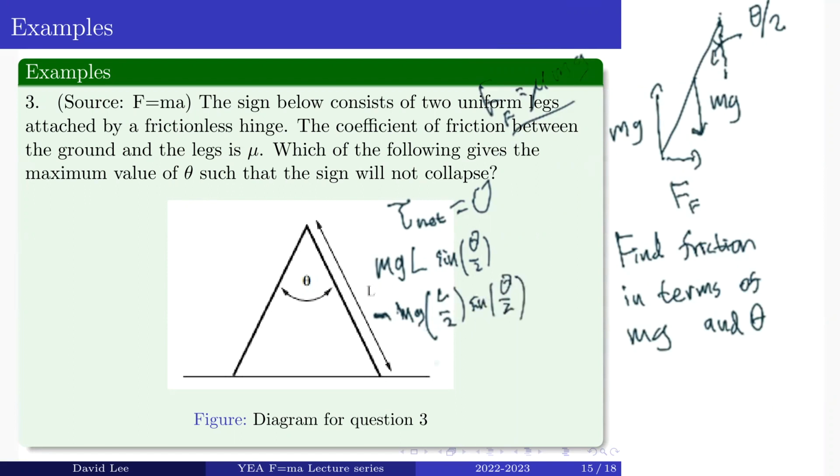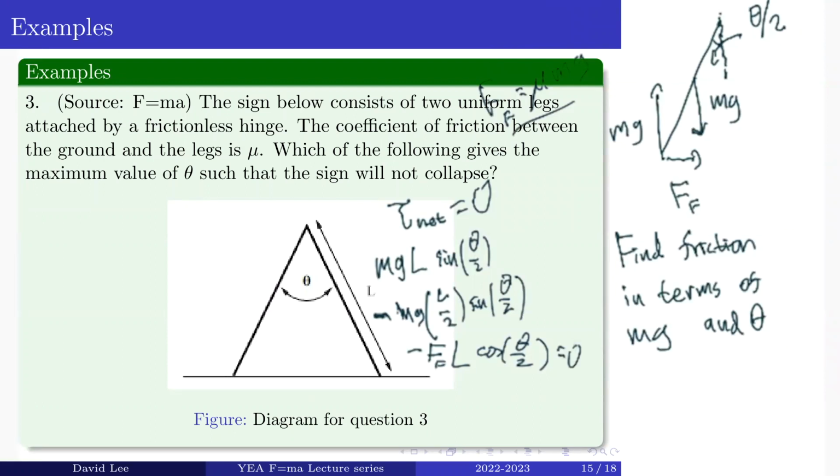And finally, there's torque from friction, which is also in the other direction. The torque from friction will be equal to the frictional force times the distance, and this time cosine theta over 2, because the angle is like 90 degrees away from theta over 2, so we have to use cosine instead of sine. And this whole thing should be equal to 0, of course.